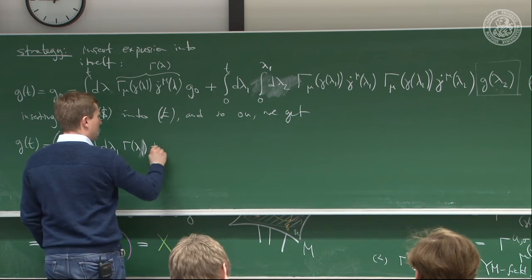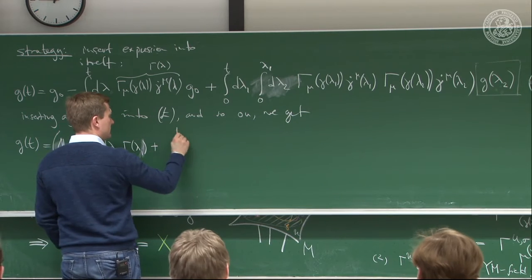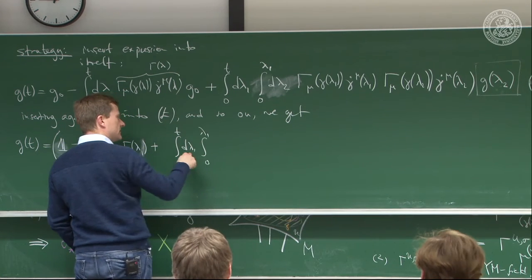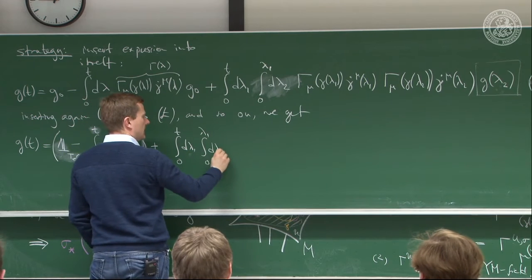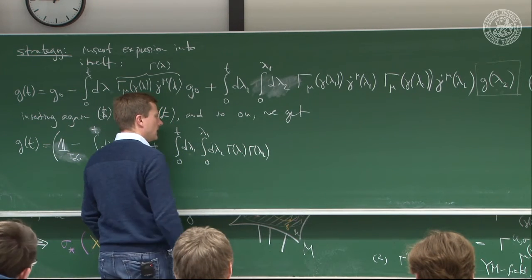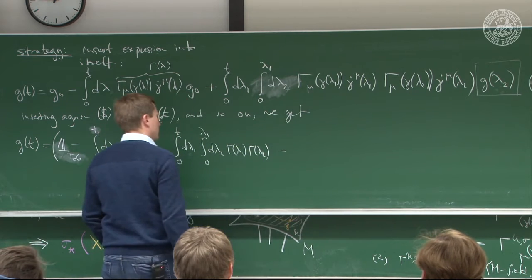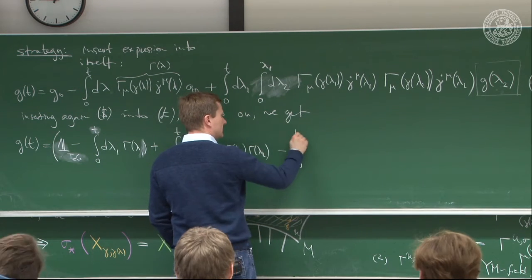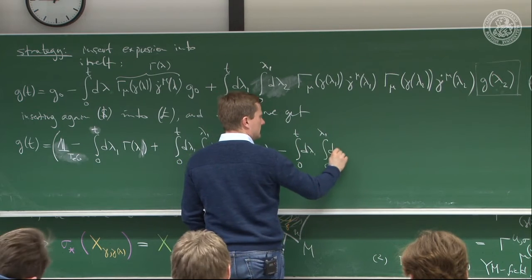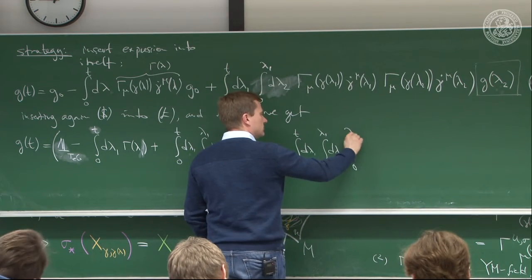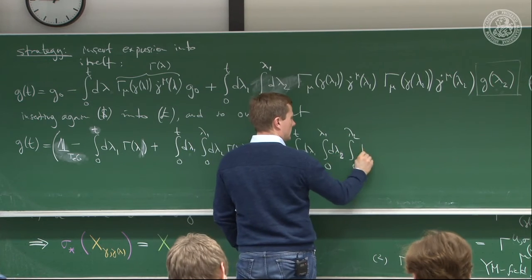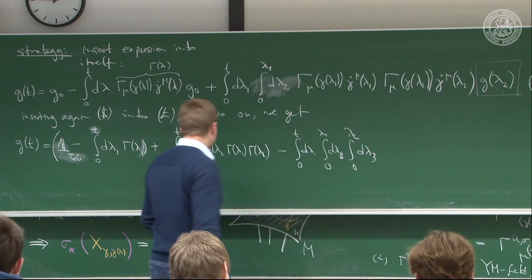Then comes a plus. Now comes the integral from 0 to t d lambda 1, but here only from 0 to this lambda 1. d lambda 2, gamma of lambda 1, gamma of lambda 2, minus, now comes a triple integral, 0 to t d lambda 1, 0 to lambda 1 d lambda 2, 0 to lambda 2, this previous one, d lambda 3.